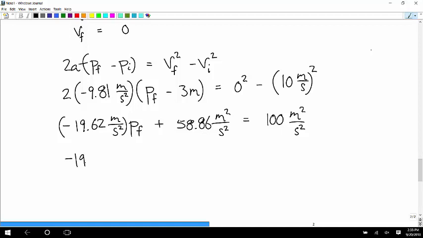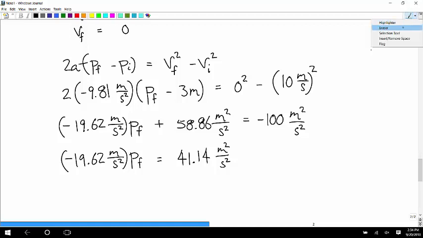And you get negative 19.62 meters per second squared times P final is equal to 41.14 meters squared per second squared. Yep. And thank you. That changes everything here.